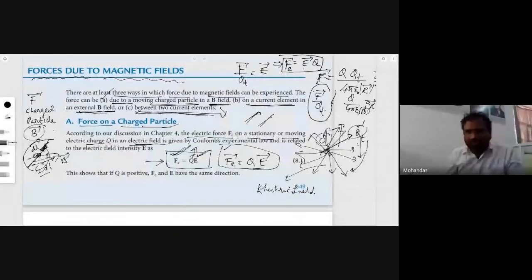What is the second force? Force on which element? Current element. Let us discuss the force on a current element.